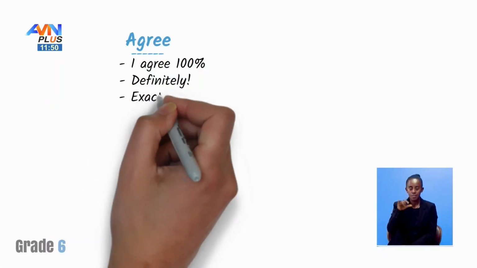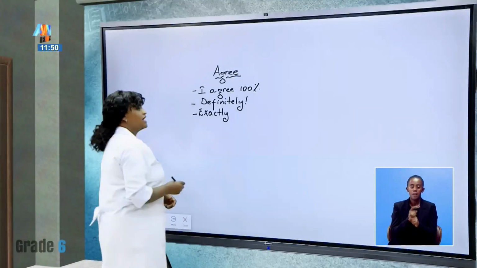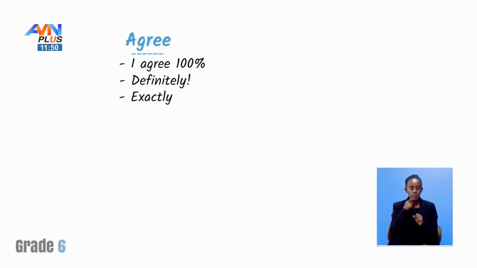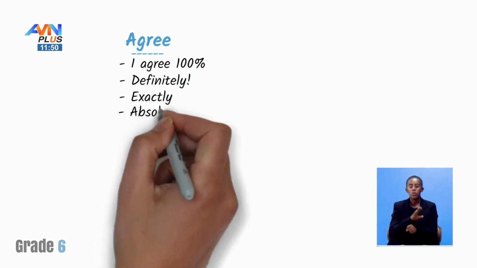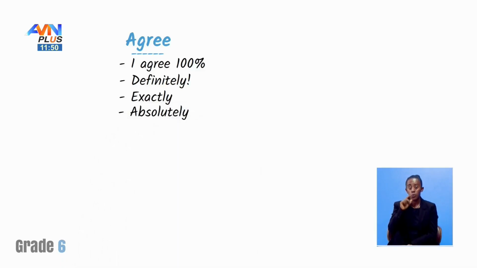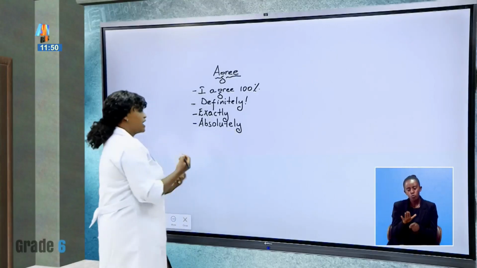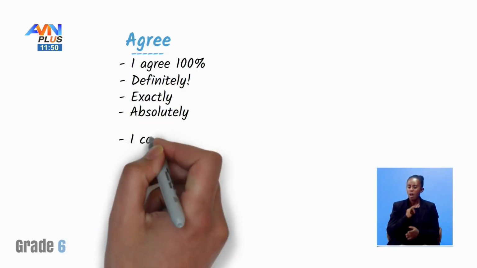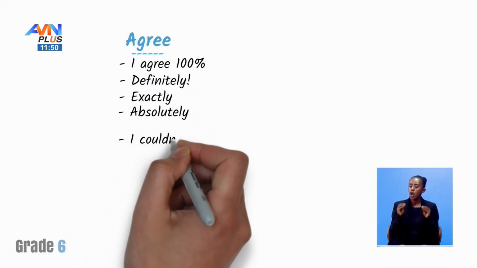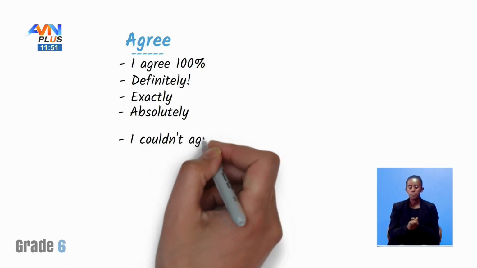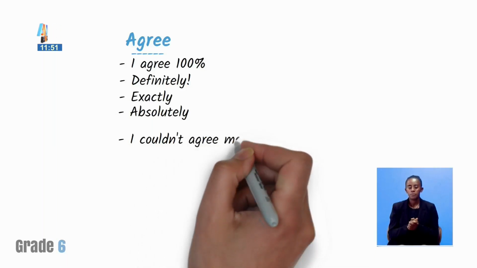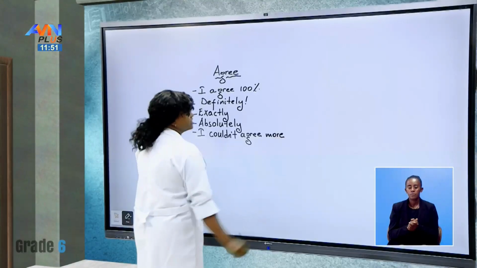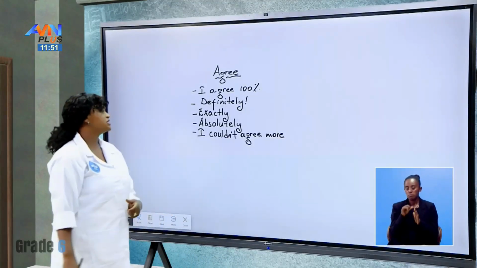Exactly. Yes? Or you can say what? Absolutely. Absolutely. Another one, I couldn't agree more. This one seems negative, yeah? But it is not. We will see it in a sentence.